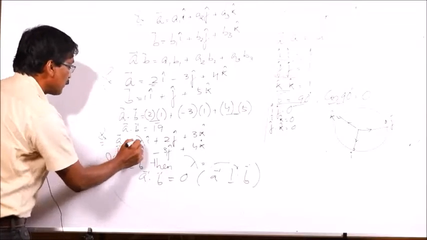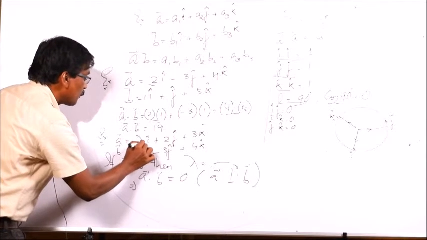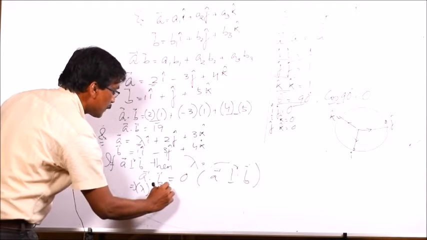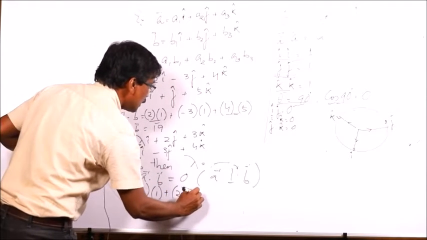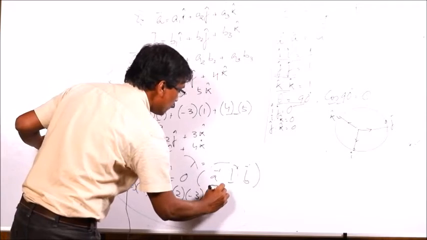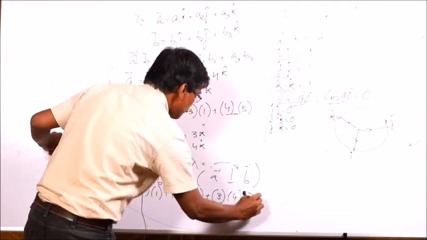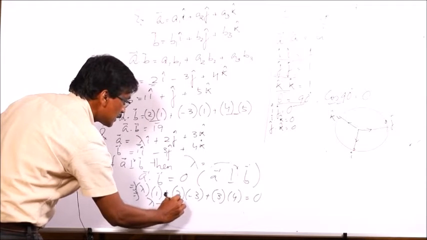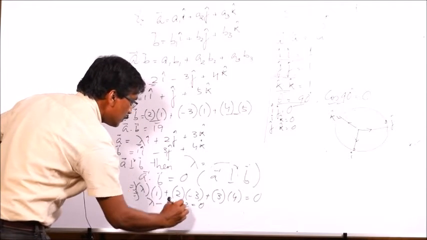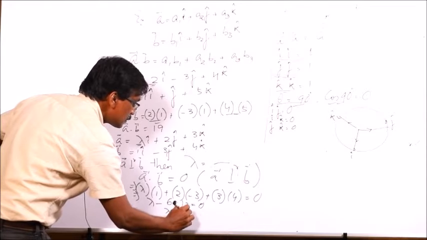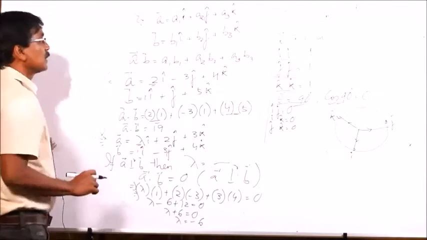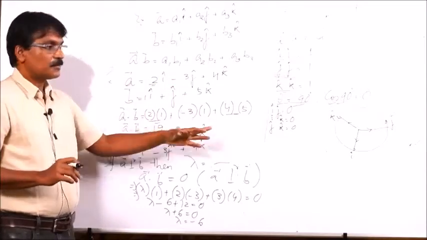So we have the components multiplied: lambda into 1 plus 2 into minus 3 plus 3 into 4 is equal to 0. So that is lambda minus 6 plus 12 is equal to 0. So lambda plus 6 is equal to 0. So lambda is equal to minus 6. So this type of question is asked.